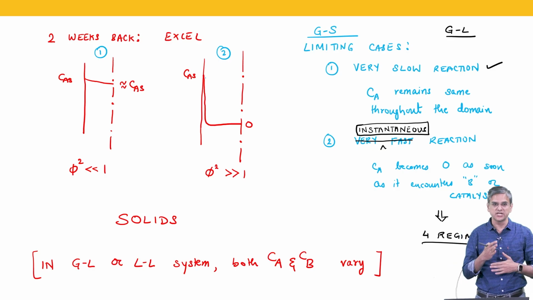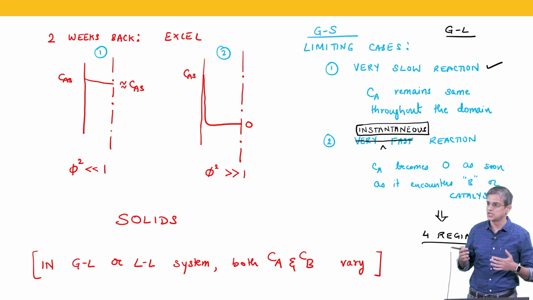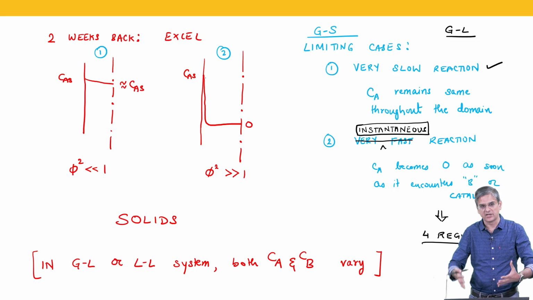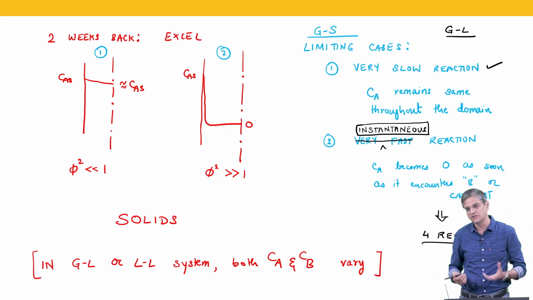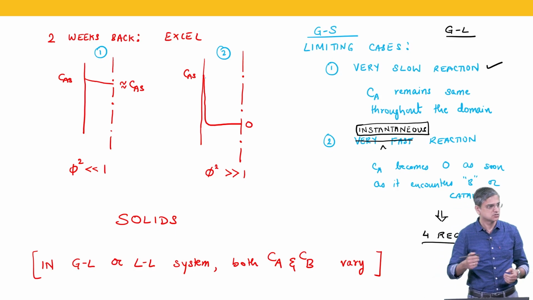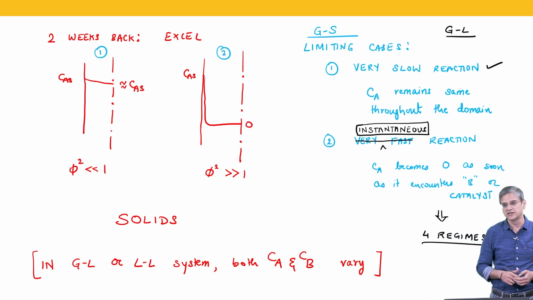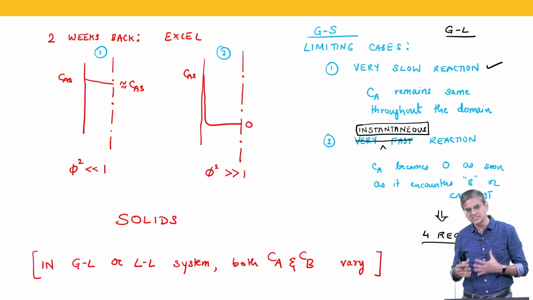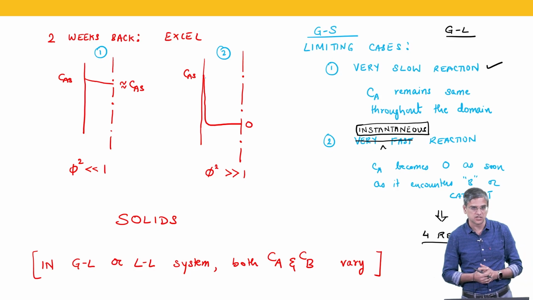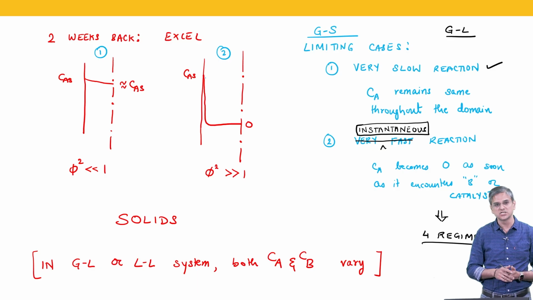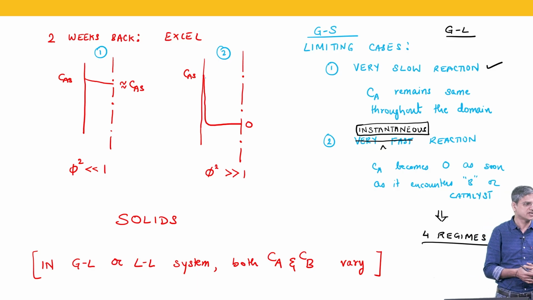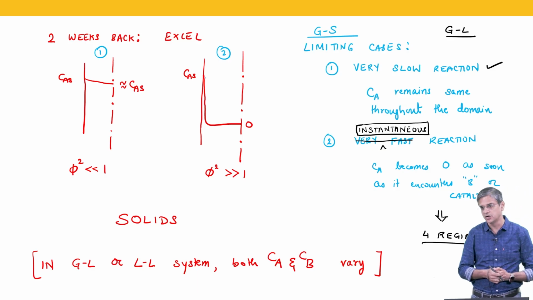So what breaking down the problem into 4 different regimes allows us to do is have a textbook approach to 3 of the 4 regimes, and only for one of those regimes you need to use a little bit more detailed approach. So that's been the history of gas liquid reactions, and I said that because Doraiswamy's book is one of the books that I have recommended for further reading on this.